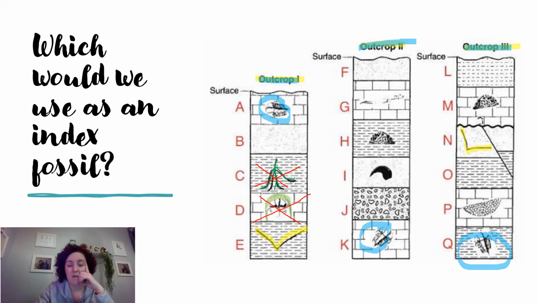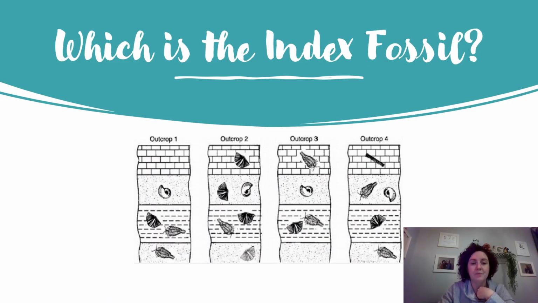So if I were to ask you which would be used as the index fossil between these three outcrops, you would say the fossil found in layers A, K, and Q. Awesome. Let's do one more practice.